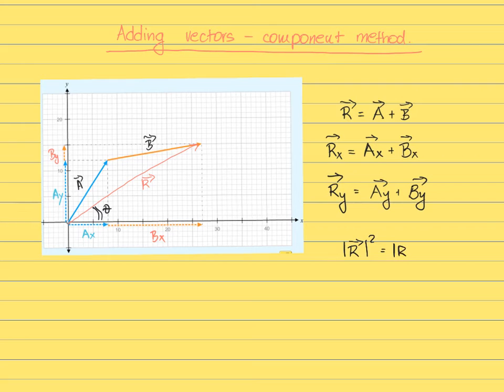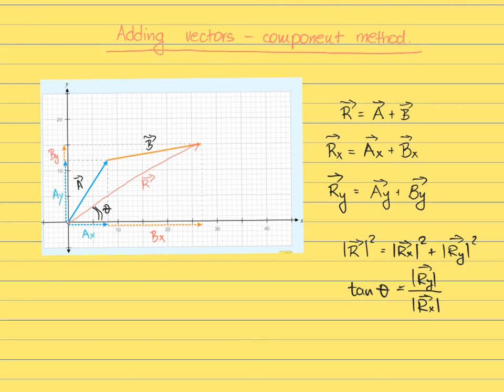So I know that R squared equals Rx squared plus Ry squared, and I know that tan of the angle equals the Ry magnitude divided by the Rx magnitude. Right, so super easy.